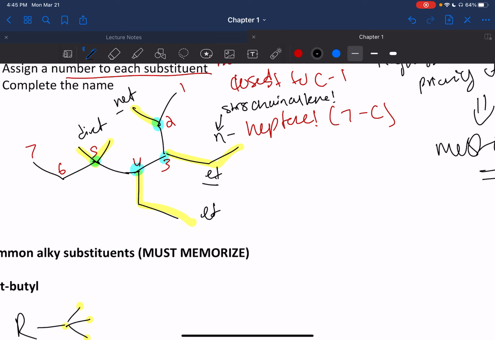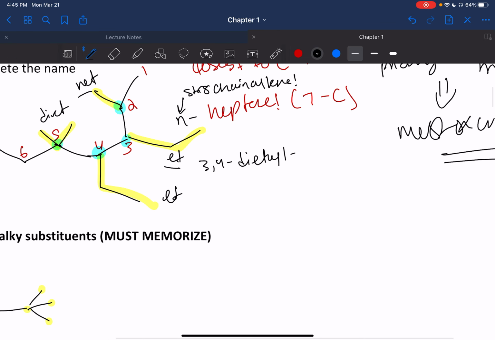We know that ethyl comes before methyl alphabetically because E comes before M. So we're going to do 3,4-diethyl.